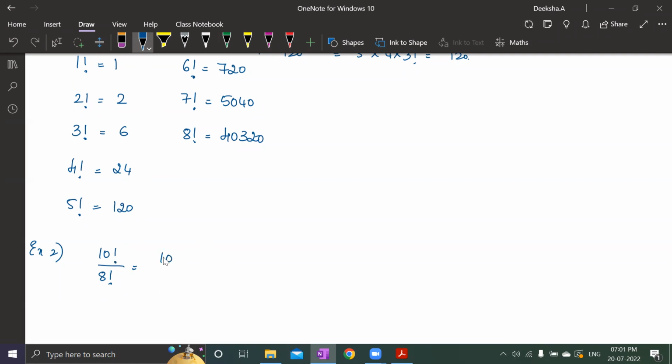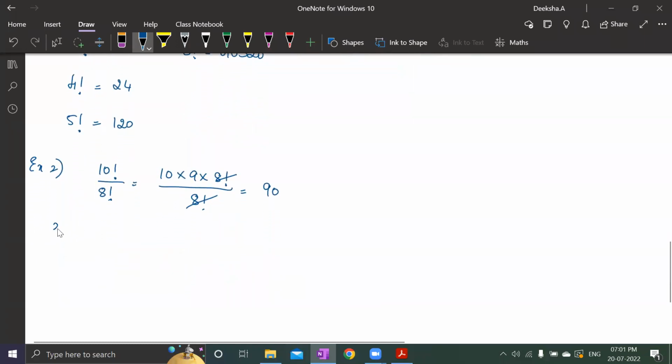I'll expand it, which means you keep writing the smaller numbers: 10 into 9 into 8. Now I'll stop because I have 8 factorial in the denominator. So 8 factorial and 8 factorial get cancelled. 10 into 9 is 90, right?